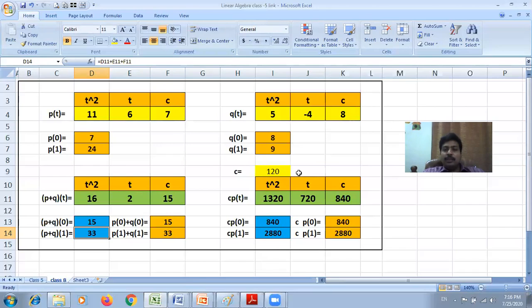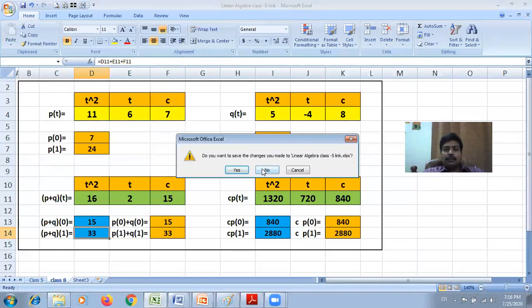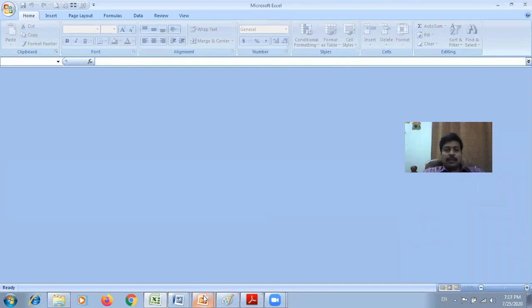So for whatever scalar, there will be no loss of transmission and no discount. So these two properties of linear transformation can be used in many areas.